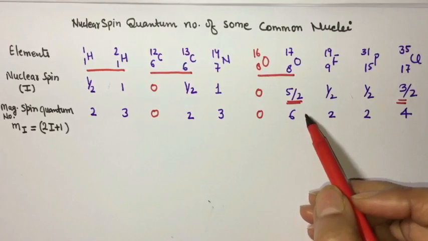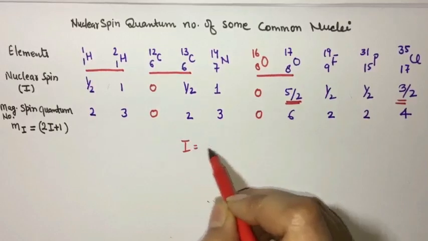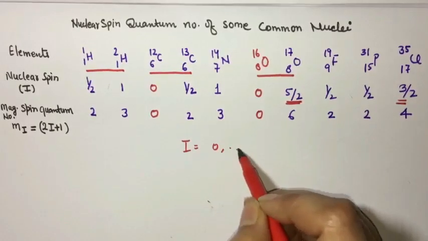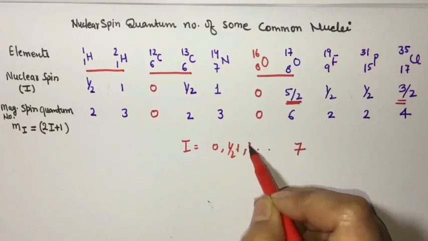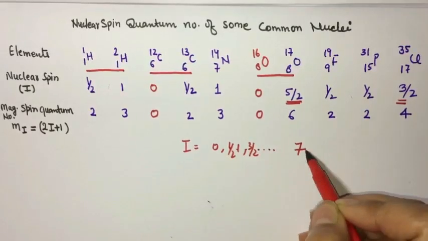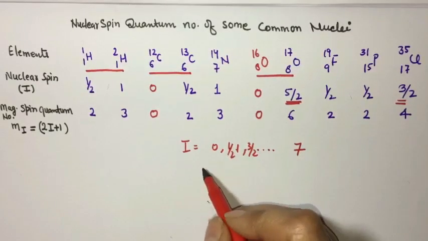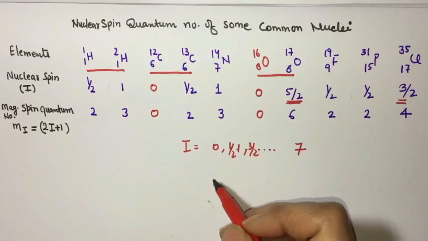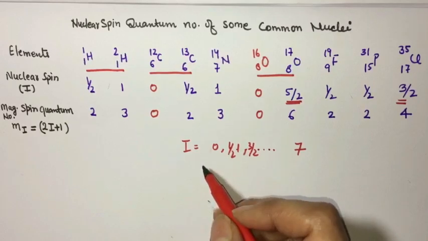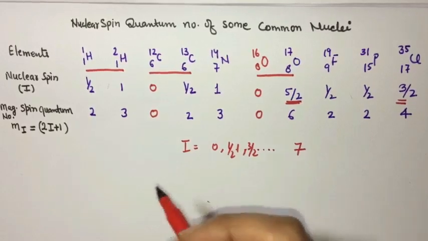Their values of I range from 0 to 7: 0, 1 by 2, 1, 3 by 2, etc., up to 7, and this cannot be calculated theoretically. This can be determined experimentally by hyperfine structures that I have discussed with the example of sodium.